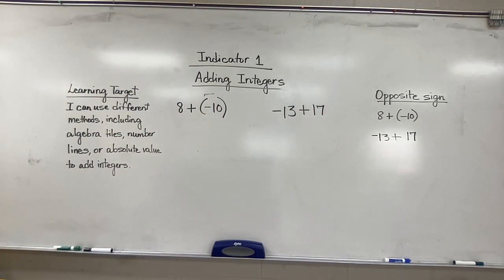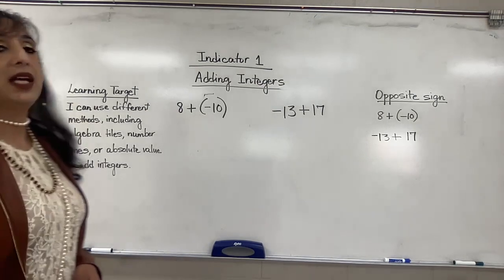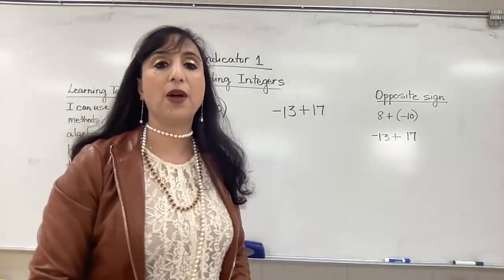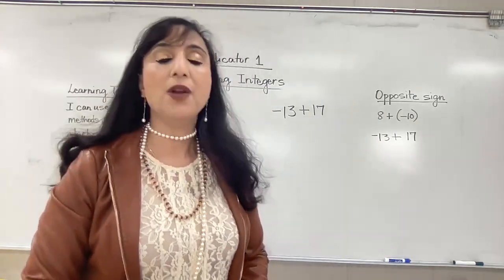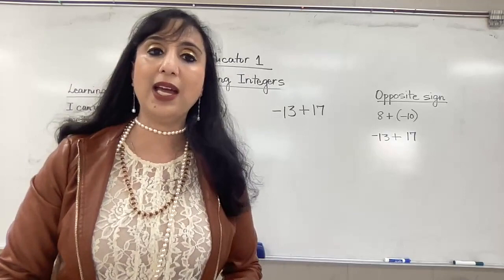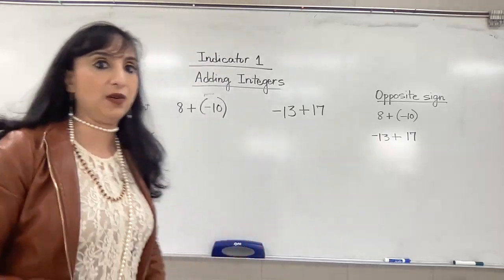So when I have integers with different signs, you subtract the lesser absolute value from the greater absolute value and then use the sign of the integer with the greater absolute value. Once again, you are subtracting the lesser absolute value from the greater absolute value, and you are using the sign of the greater absolute value.